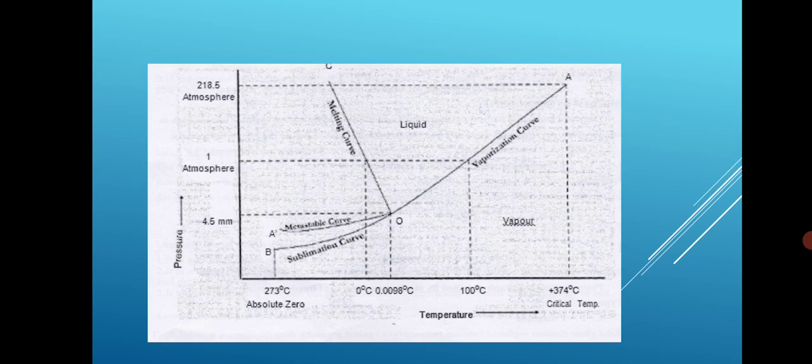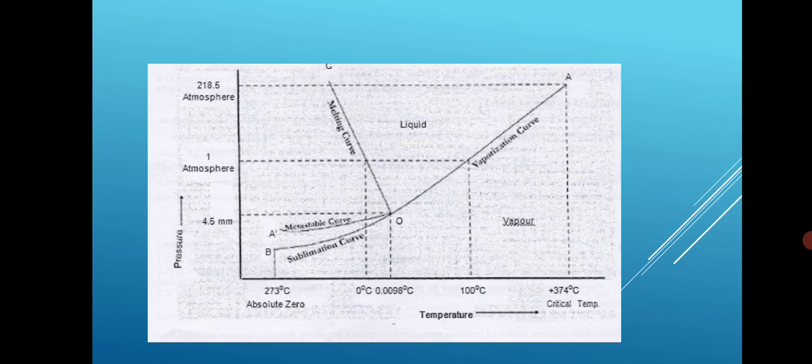Then point O. The three curves, OA, OB and OC, meet at point O. Here, the three phases, namely solid, liquid and vapor, simultaneously exist in the equilibrium state. This point is called the triple point. At this point, the equilibrium exists between ice and water, and water and vapor.